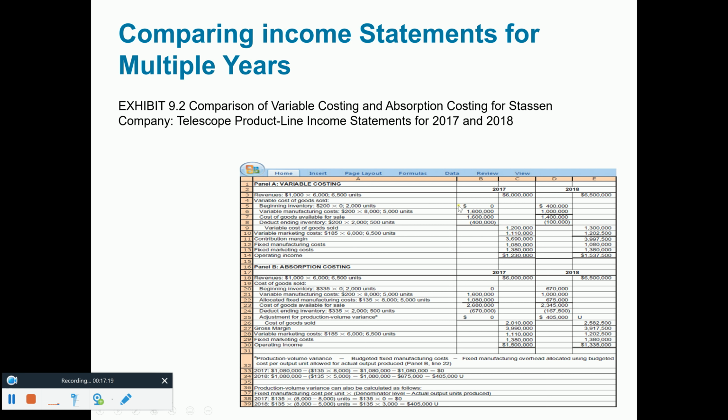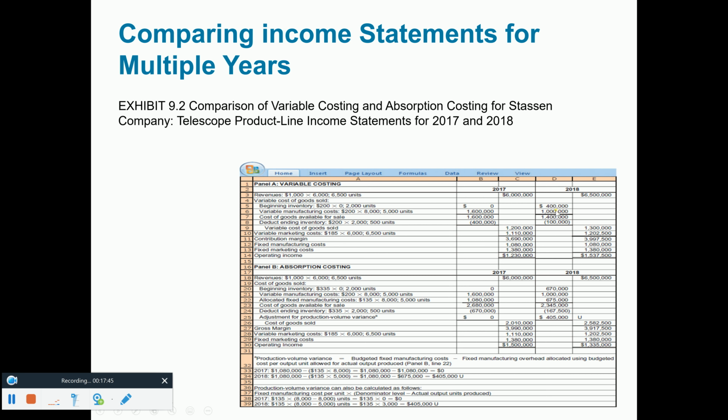Plus, since we're dealing with variable costing, all of the variable manufacturing costs. In 2018, we produced 5,000 units, and this was given to us in your textbook. So you can see with 2018, we sold 6,500 units, but we're producing 5,000 units.